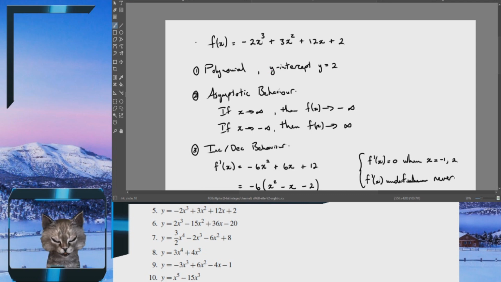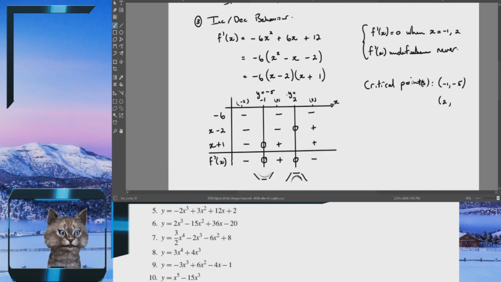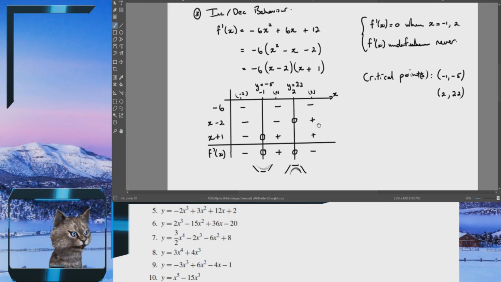Negative 2 times 2 cubed plus 3 times 2 squared plus 12 times 2 plus another 2, and we get 22. So our next y value here is 22, giving us our second critical point.